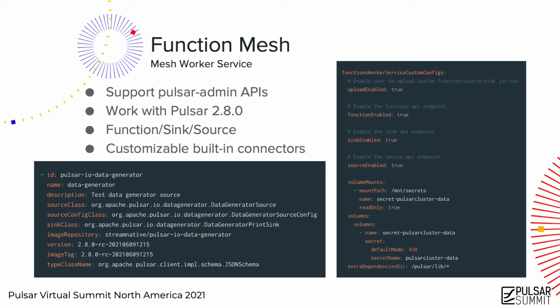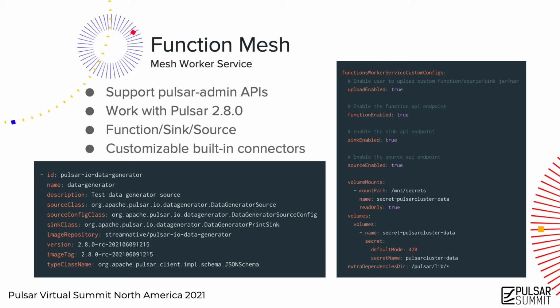It basically forwards the Pulsar admin API requests to the Kubernetes cluster and directly operates on CRDs. With the Mesh Worker Service, users do not need to change the way they manage functions with Pulsar's function worker, and can use Pulsar admin with Function Mesh directly.